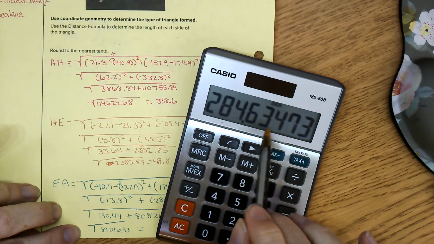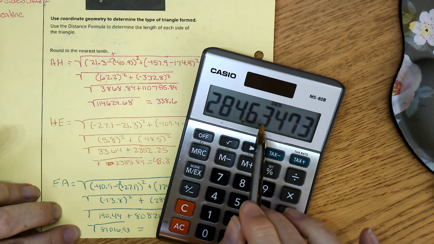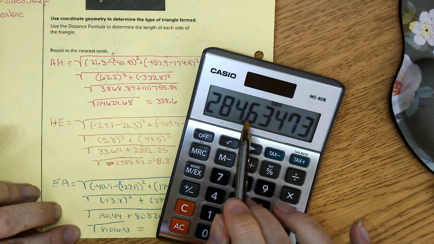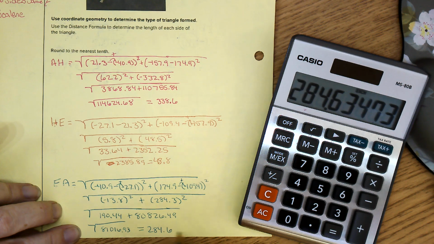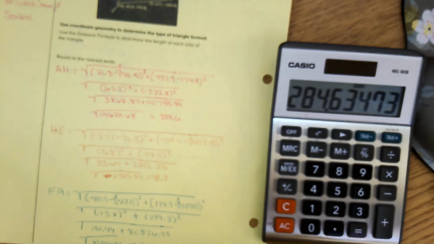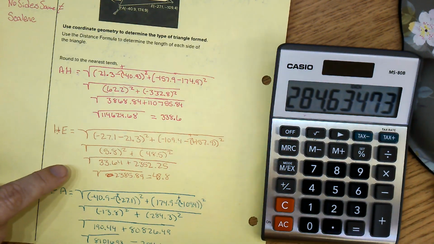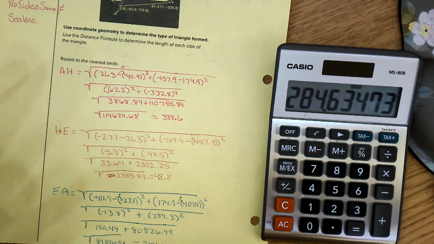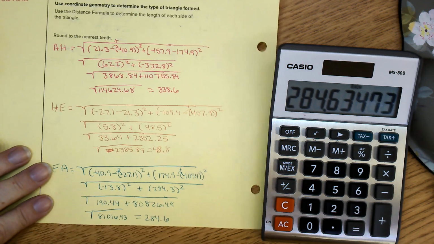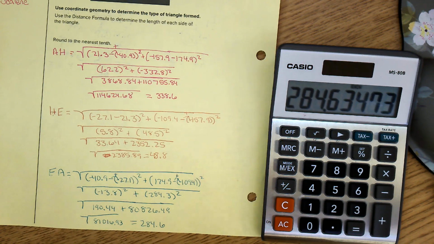Based on the hundredths place, that's below 5, so this holds: 284.6. Again, I'm pretty sure I did my math wrong somewhere. It happens. Someone tell me on Friday how I did my math wrong.